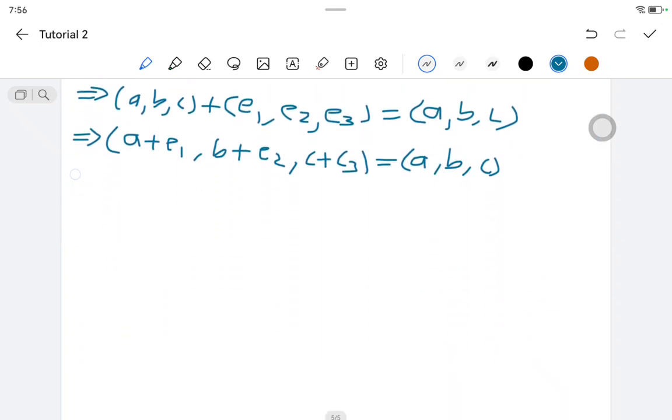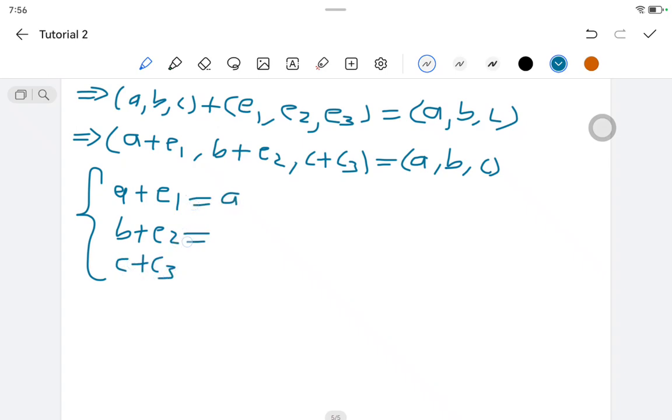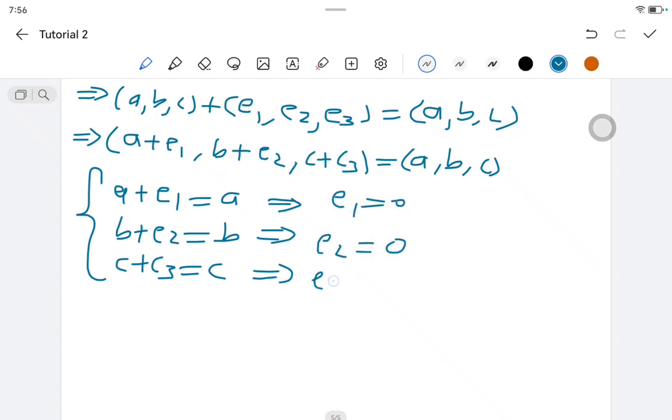Then this will be a plus e1, b plus e2, c plus e3, equal to (a, b, c), which implies e1 equals 0, e2 equals 0, e3 equals 0.